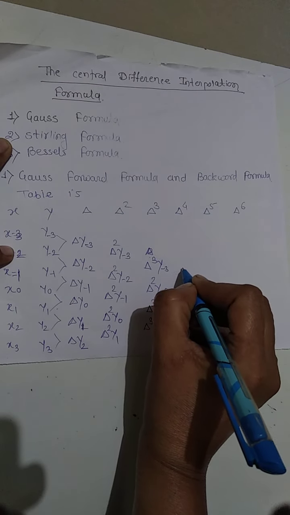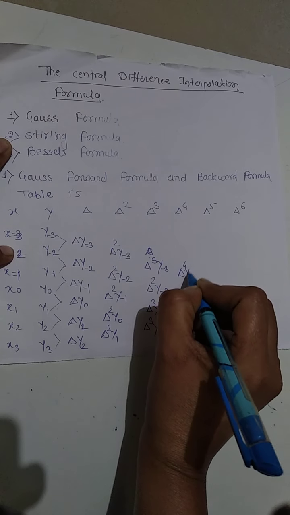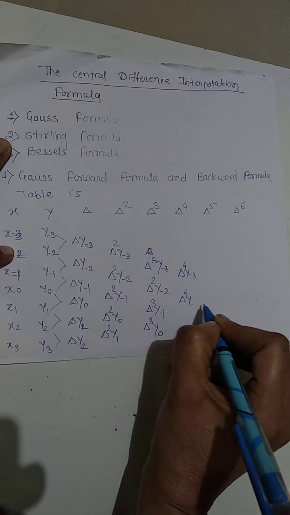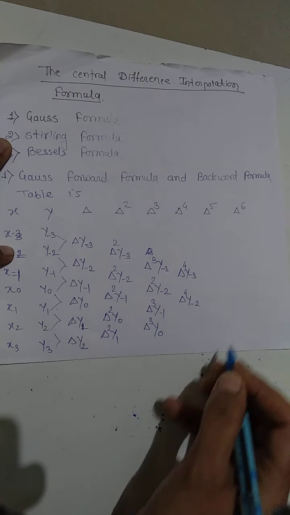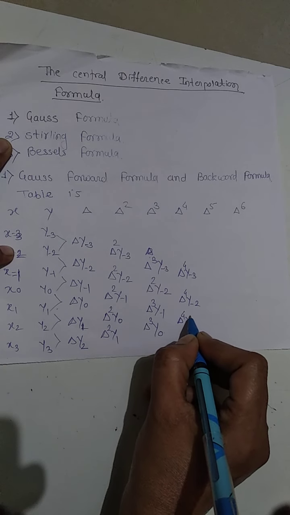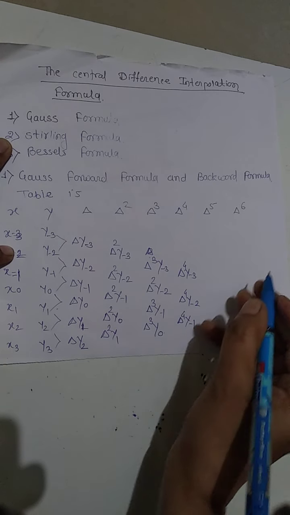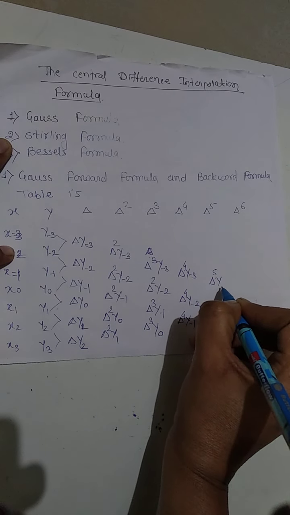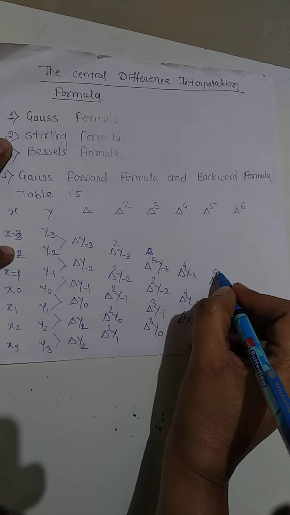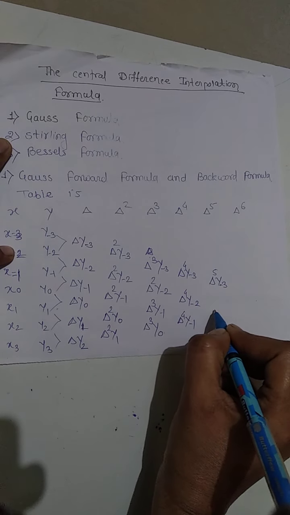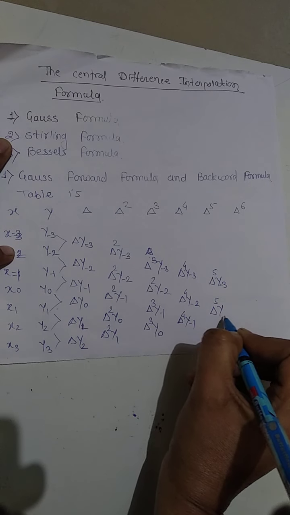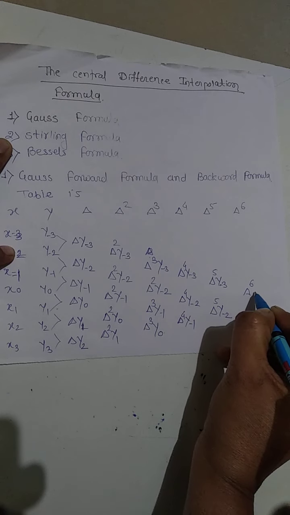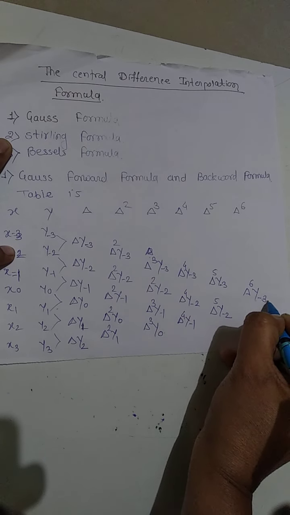Again the difference gives del raised to the power 4 y minus 3, del raised to the power 4 y minus 2, and del raised to the power 4 y minus 1. Again the difference gives del raised to the power 5 y minus 3 and del raised to the power 5 y minus 2, and the last difference is del raised to the power 6 y minus 3.